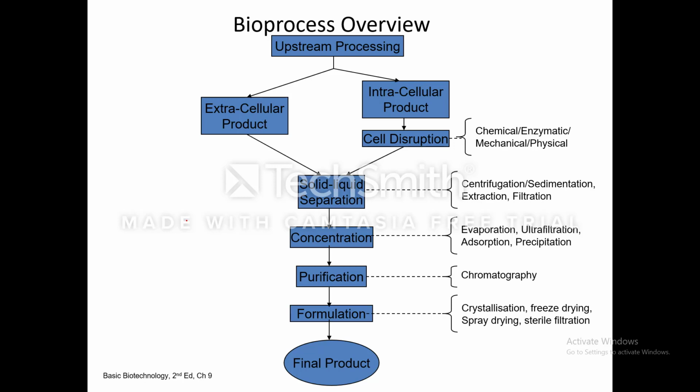Bioprocess overview: upstream processing, intracellular product or extracellular product. What we mean here is that we have a cell, and inside the cell a process occurs, and this process will be either chemical or physical.